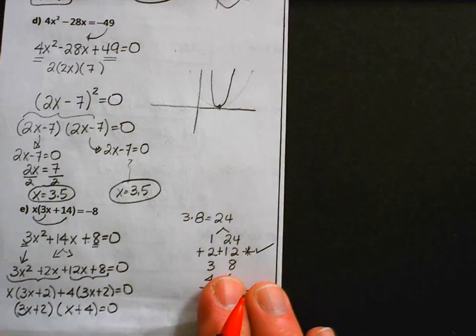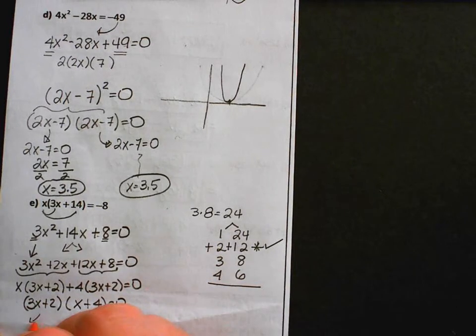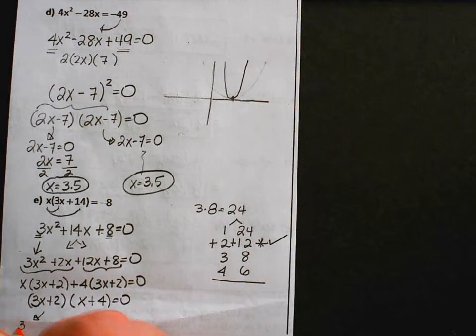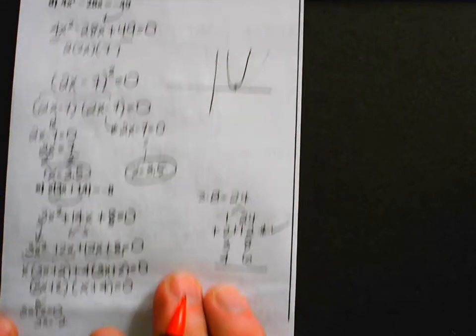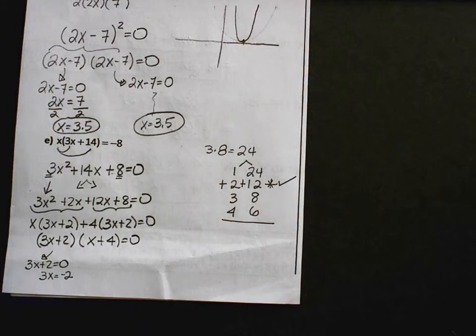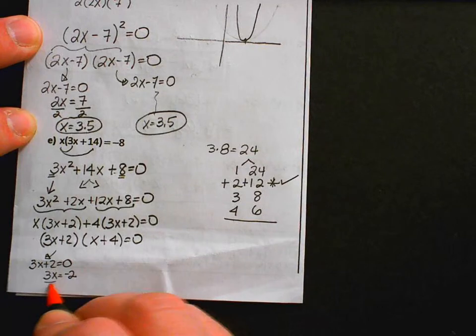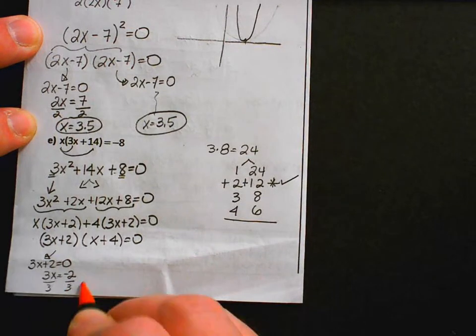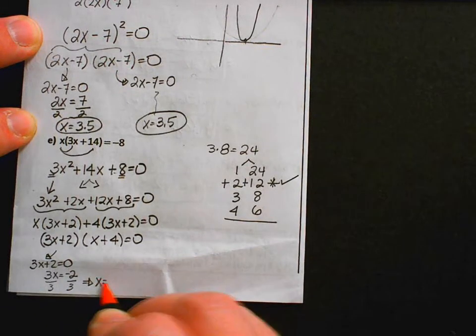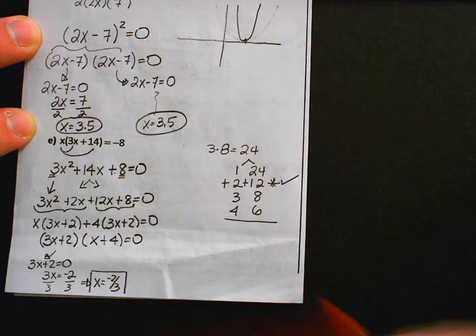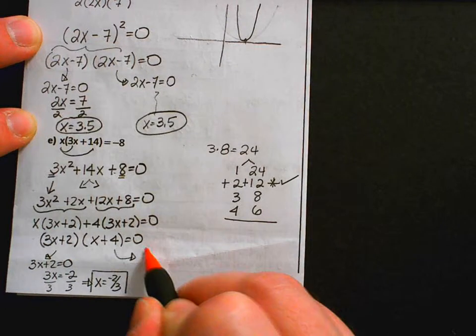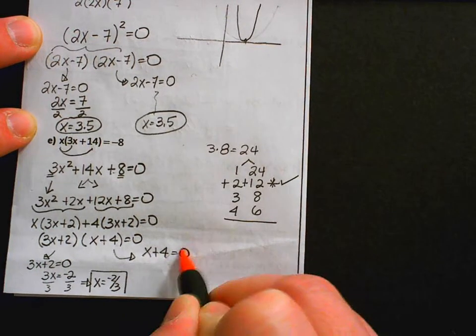Alright, very well. So with that, we can break this down as 3x plus 2 equals 0. Move the 2 to the other side. This would be 3x equals negative 2. And I'm going to divide both sides by 3. So that means my answer is x equals negative 2/3. And the other one is a little bit easier. x plus 4 equals 0.